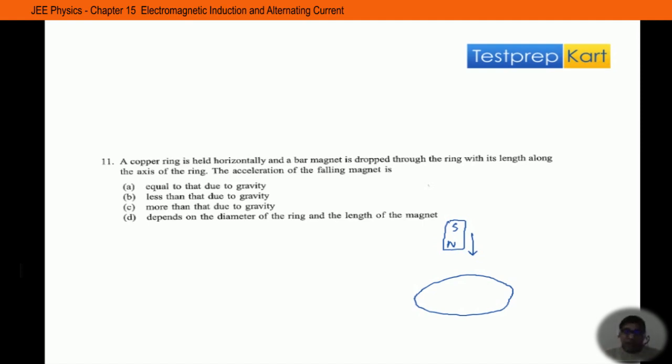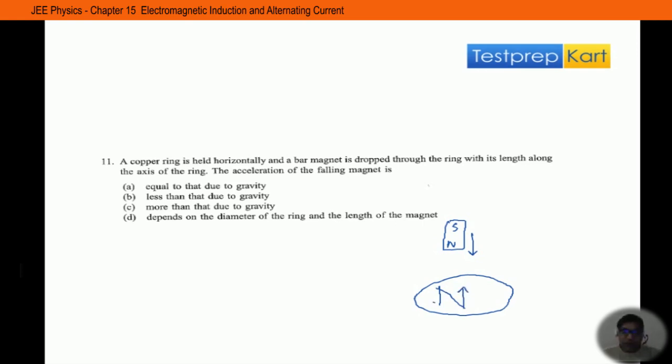Okay. So here we need to recall the Lenz law, because when a magnet is dropping down over the ring, there will be change in flux passing through this coil. Okay, so if there is change in flux, then there will be an induced current. And according to Lenz law, it will develop a polarity that will oppose this motion.